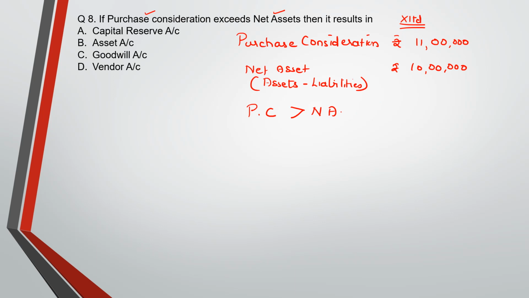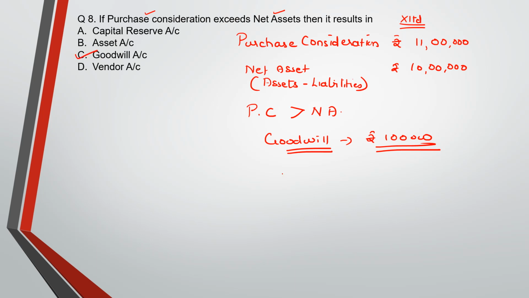The 1 lakh extra is being paid towards goodwill. 10 lakh out of this 11 lakh is being paid towards net asset, and the extra 1 lakh is towards a goodwill of X Limited which it might have created for itself. And that is why, if purchase consideration exceeds net assets, then it is a goodwill.